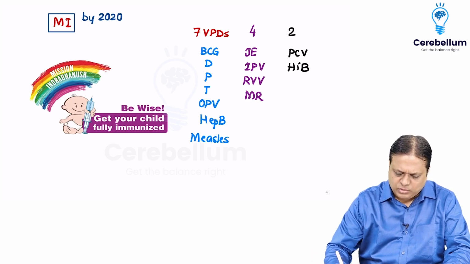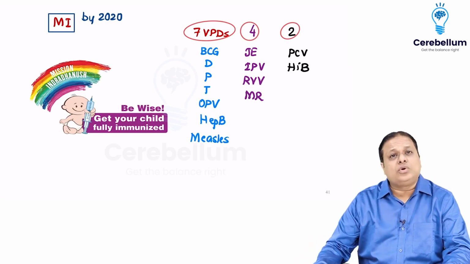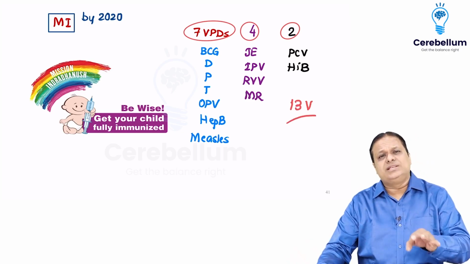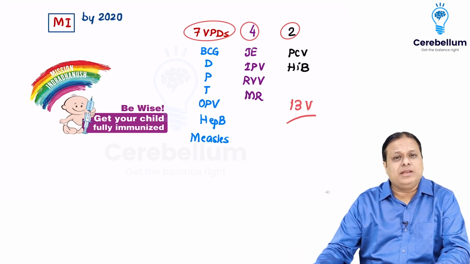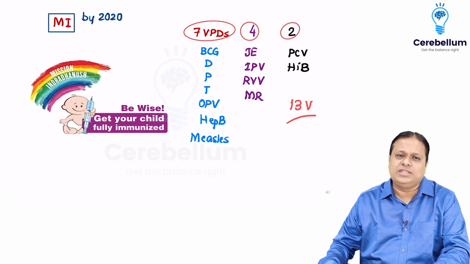So, if we look carefully, 7 plus 4 plus 2, a total of 13 vaccines giving a coverage against 12 diseases have been carried out through this Mission Indradhanush, a primary level specific protection. Currently, IMI, Intensified Mission Indradhanush 4.0 is going on in the country.